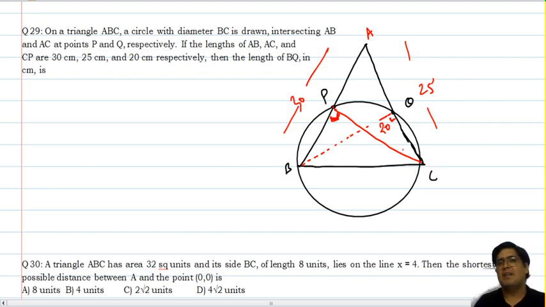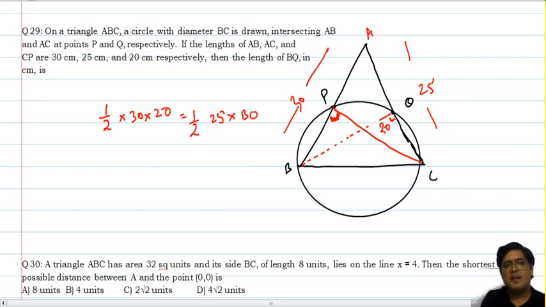So what do I have here? I have got two sides and two perpendiculars on those sides. This gives me the idea it is the same triangle. That means half of base into height should be same as half of base into height.